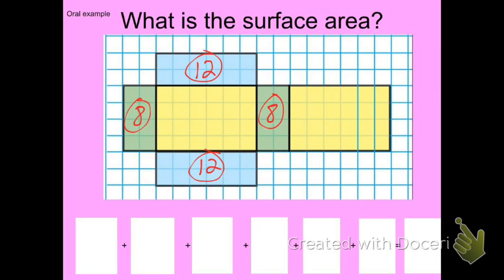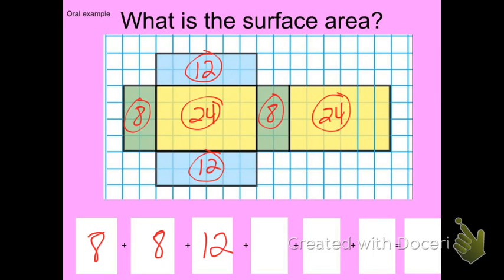Okay? And how tall is the yellow one? 4. And how long is it? 4 times 6 is 24. And this one is 24. Okay? So now all we're going to do is add them together. So we have 8 plus 8 plus 12 plus 12 plus 24 plus 24.